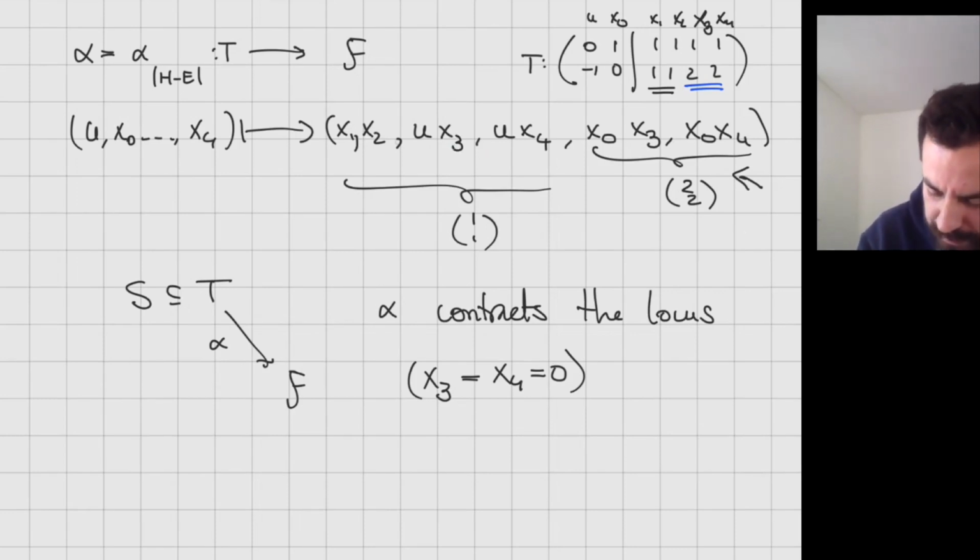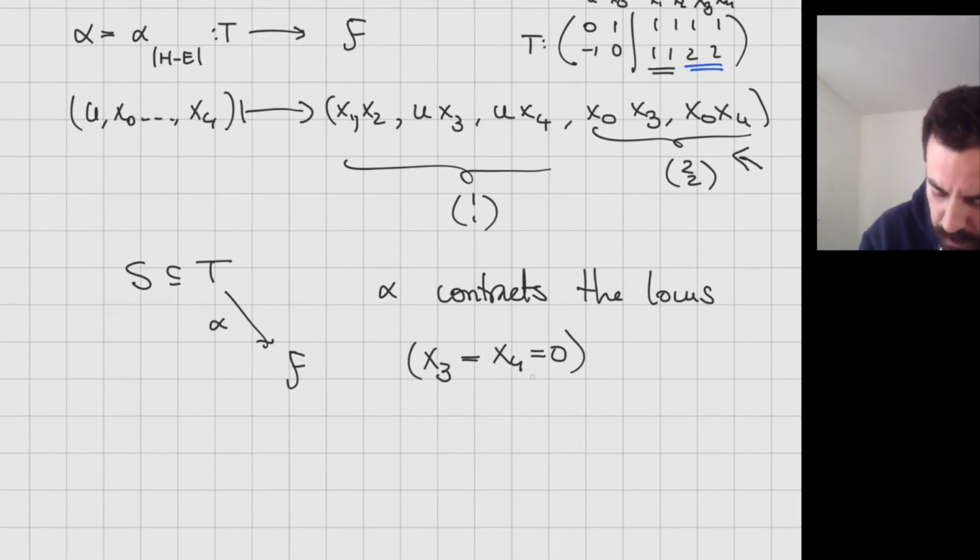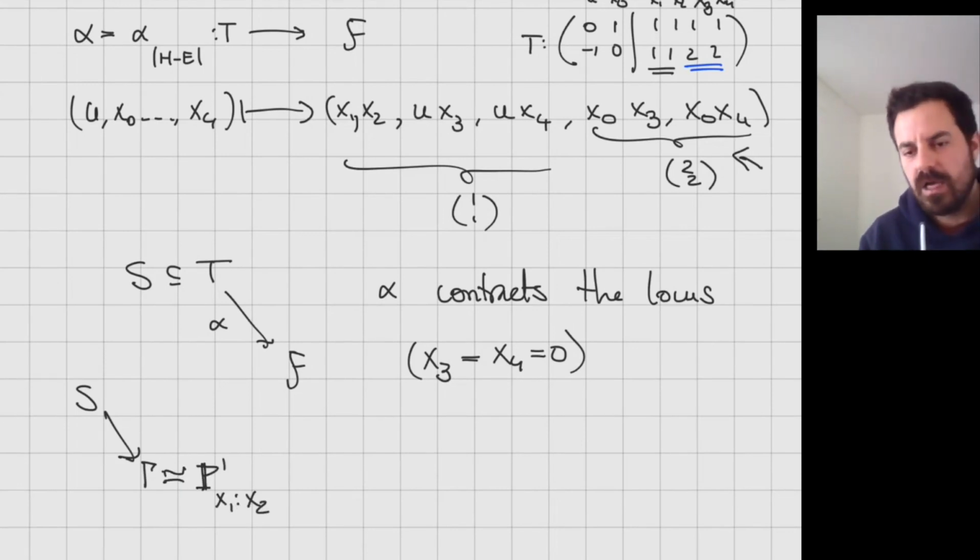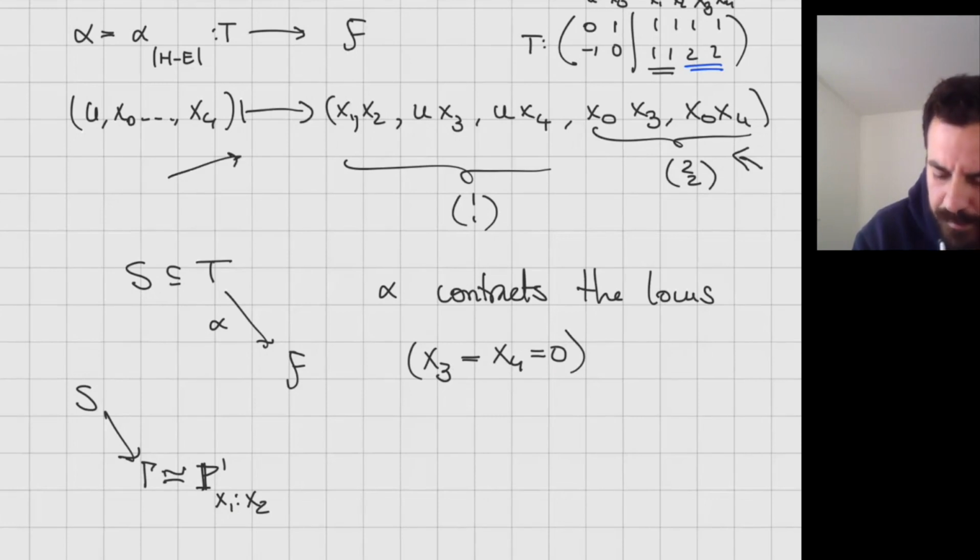So it contracts this whole locus, x3 equals x4 equals 0, to a line. Let me write it: S goes to the line gamma, which is isomorphic to P1, with coordinates x1, x2. I hope this is clear. I'm not doing anything fancy. I'm just saying, look at this map alpha.